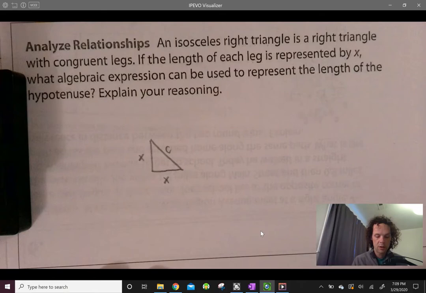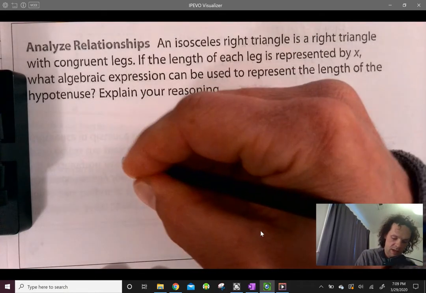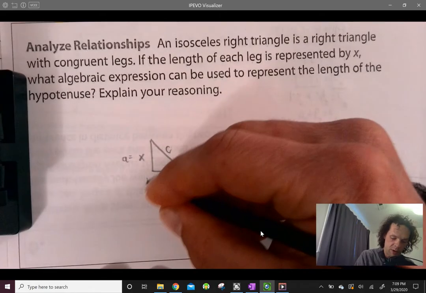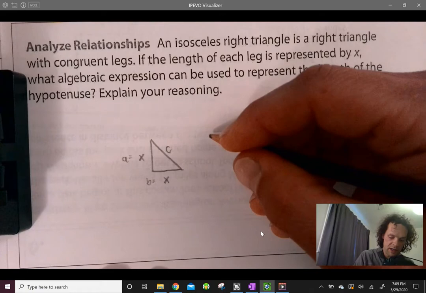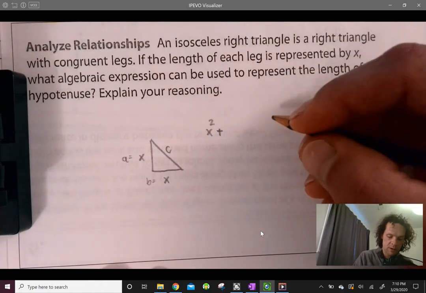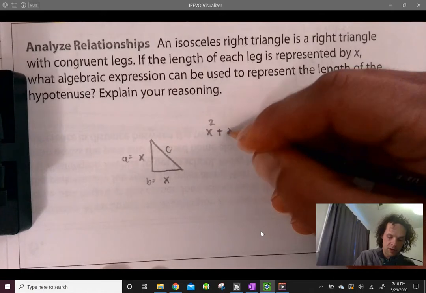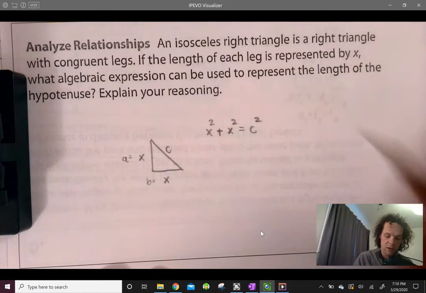Well, this is a, and this is b. So, replace a with x and say x squared plus, replace b with x and say x squared equals c squared.